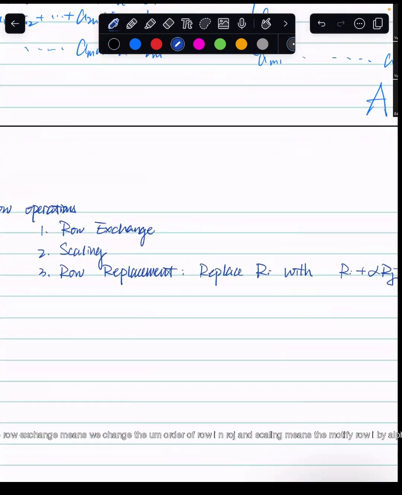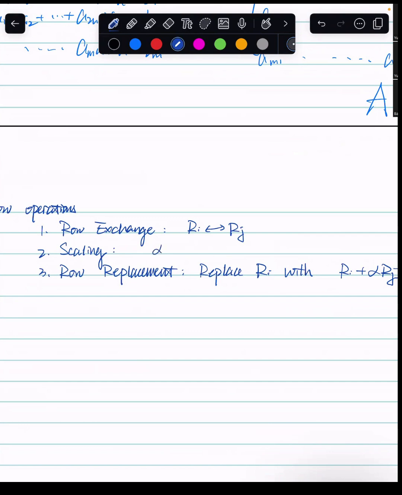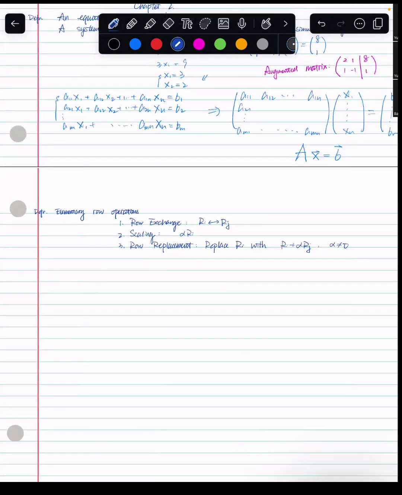Row exchange means we change the order of row i and row j. And scaling means we multiply row i by alpha. We believe that these three row operations do not change our solution.